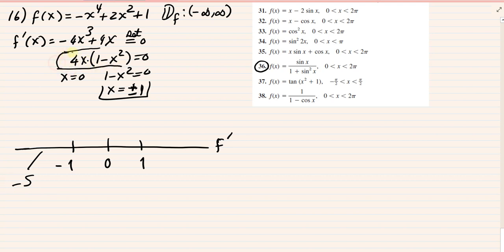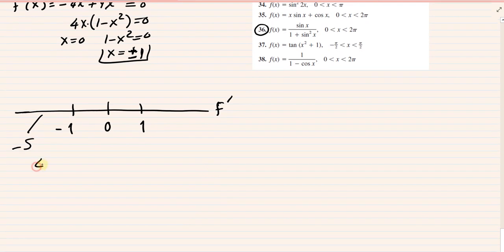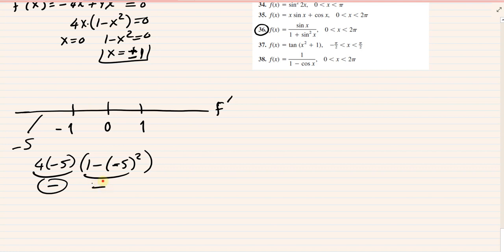So I'm plugging in negative 5. Let me show you the steps here: 4 times negative 5 and 1 minus negative 5 squared. Well, this is negative. Negative 5 squared is 25. 1 minus 25, that's negative. Negative times negative is positive. So that means the slope of a tangent is positive.